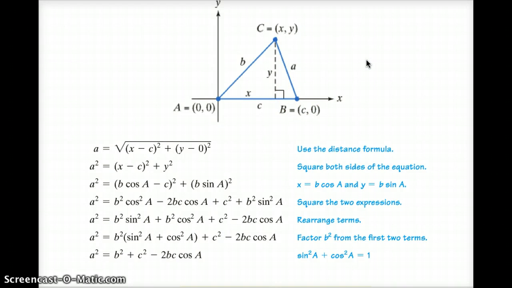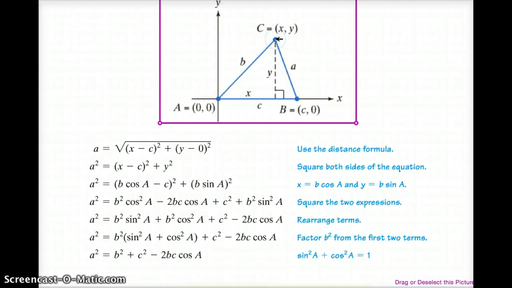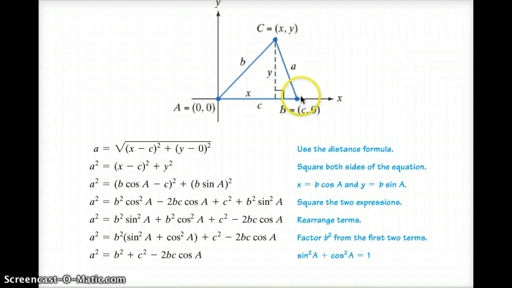Then this side length, little c, is across from angle C. And if we do a little algebra, we could discover how the distance from point C all the way over to point B, or the length of A, can be described algebraically.